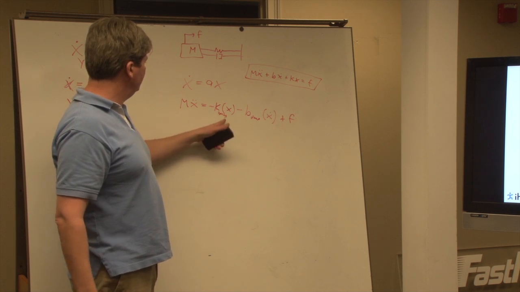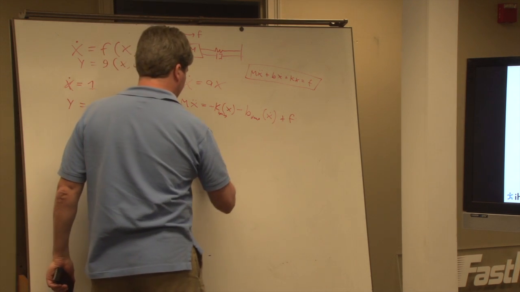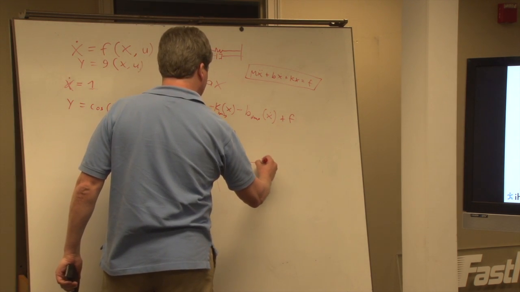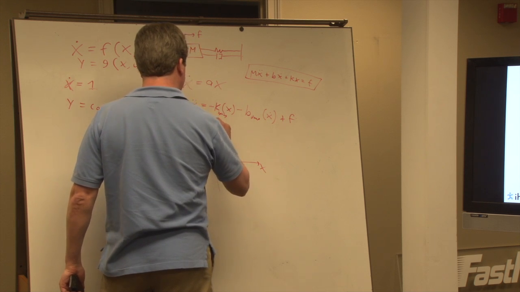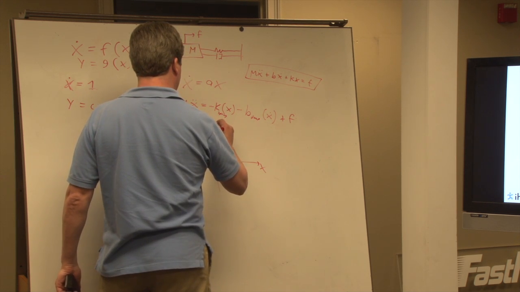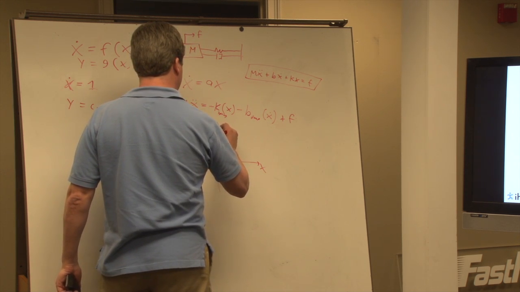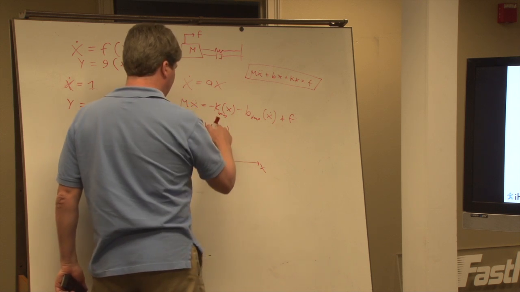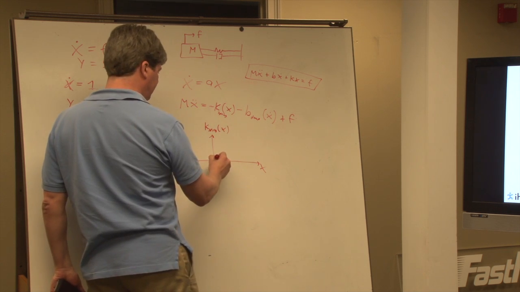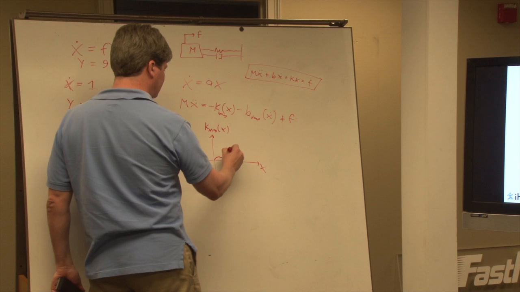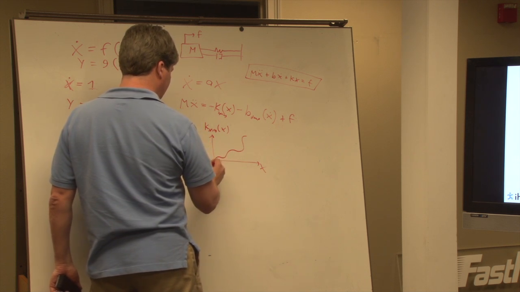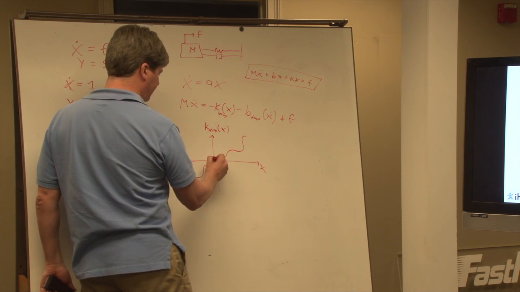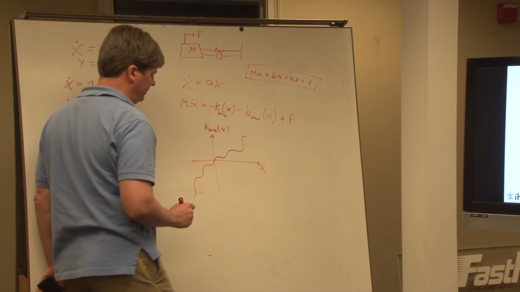But in general, you can have a spring as long as you have x and the force from the spring. A restoring spring will always be in these two quadrants, where you define 0 to be the rest length of the spring.